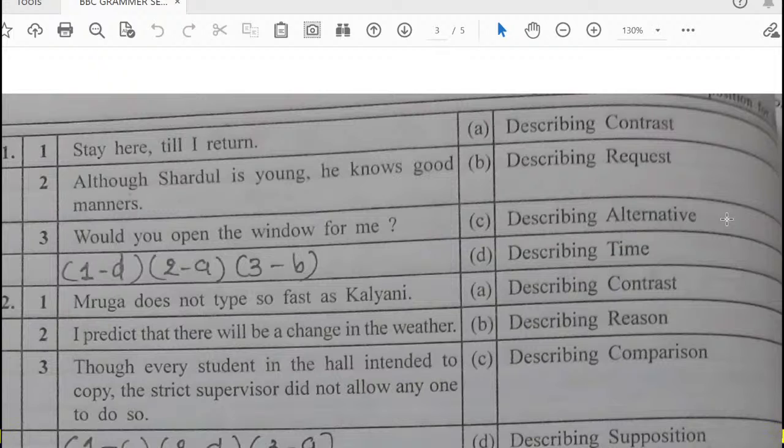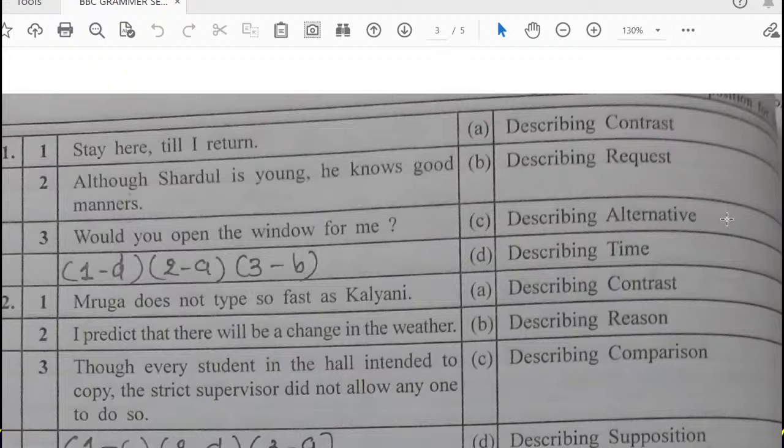No, it is already connected with sentence number first. Then remaining, describing supposition, right? Supposition means અટકળ. Predict suggests that it is a supposition. So the second sentence will be connected with option D, describing supposition.